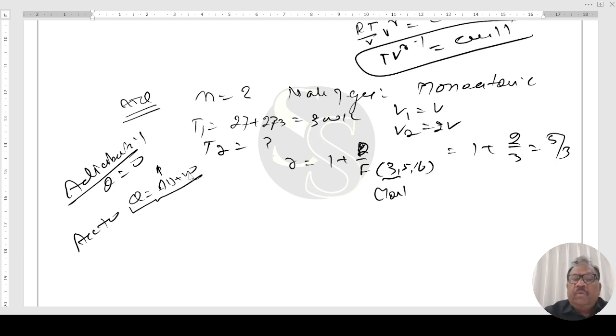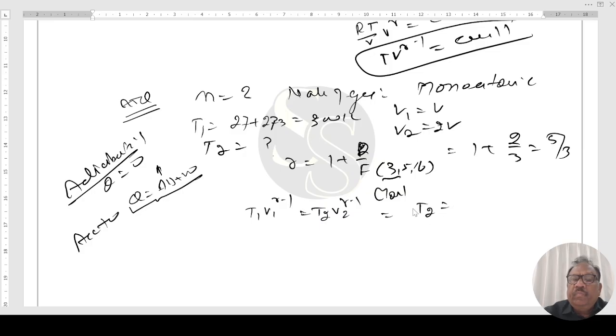Now, for the final temperature, you have to use T1 V1 to the power gamma minus 1 equals T2 V2 to the power gamma minus 1. We have to find T2.